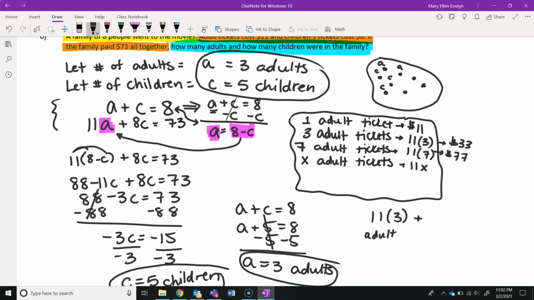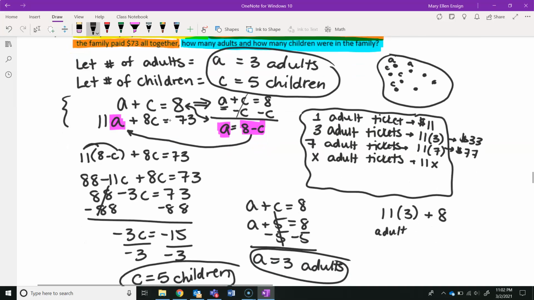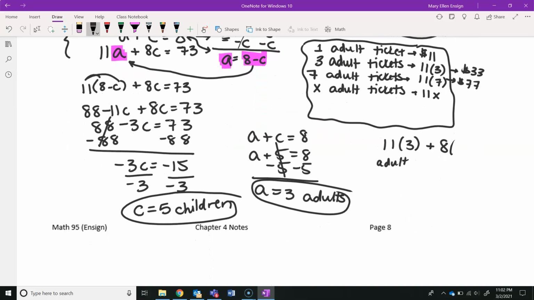plus children's tickets were $8, yes. So 8 times 5, this is the children. Okay, if I want to see what this equals, this is going to be 33 plus 40. That does equal 73, which is what it told us that it should equal, right?